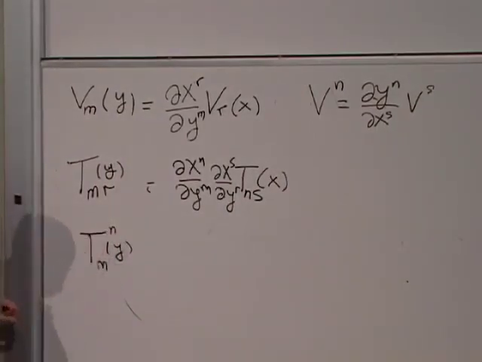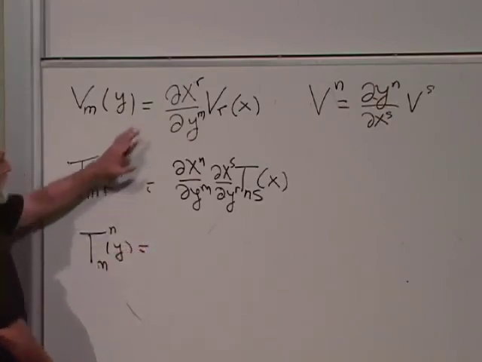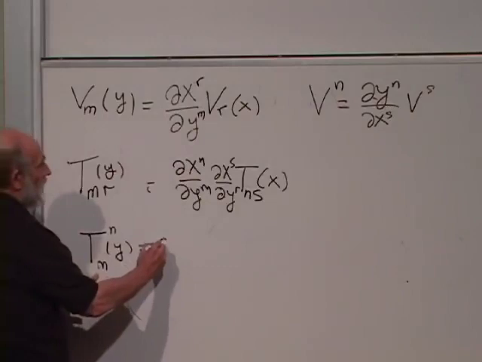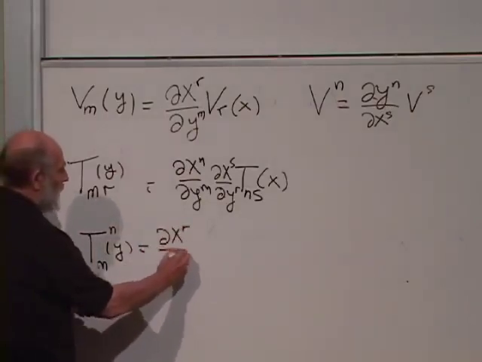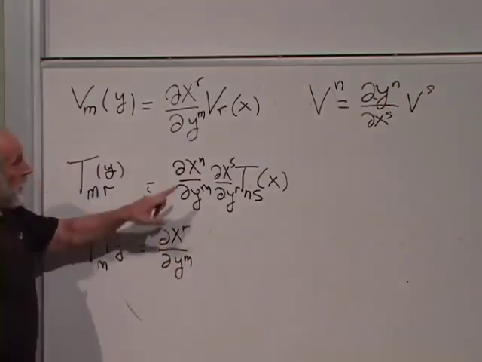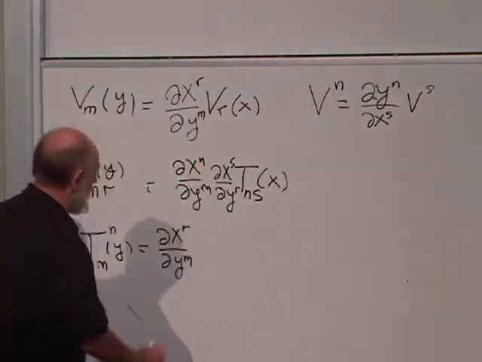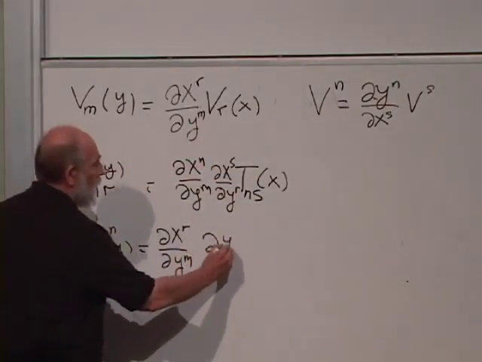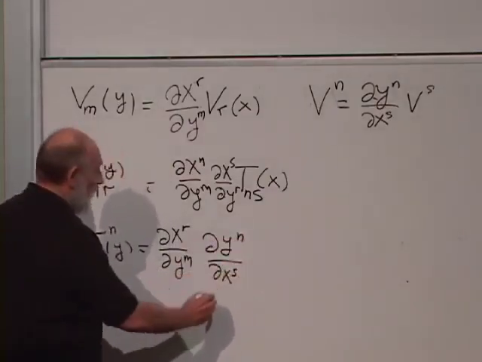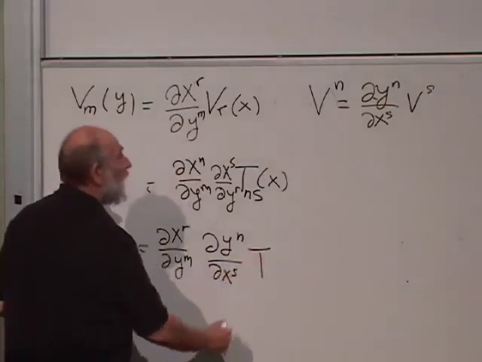Right? How does it transform? Well, first of all, we have to work on the m index. That's going to give us a dxr by dym. And then we have to work on the upper index. That will give us a dyn by dxs times t.